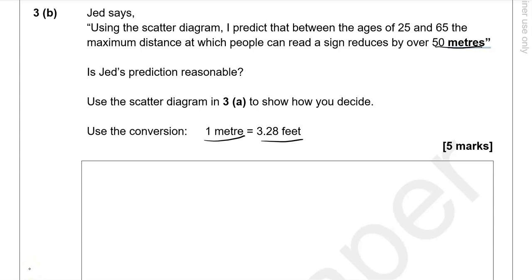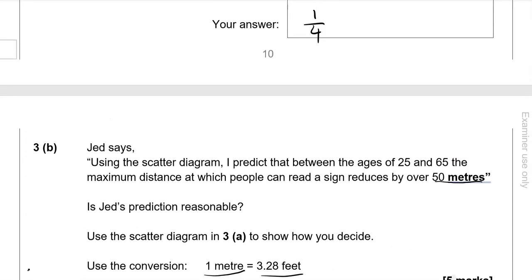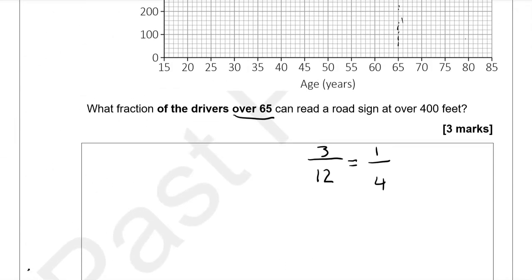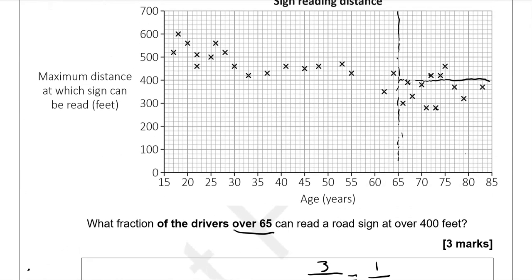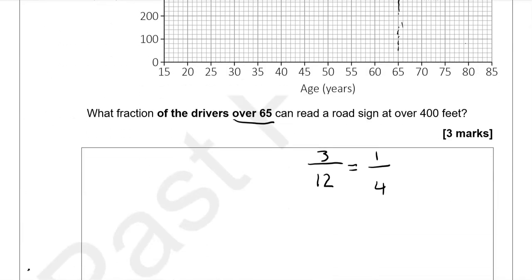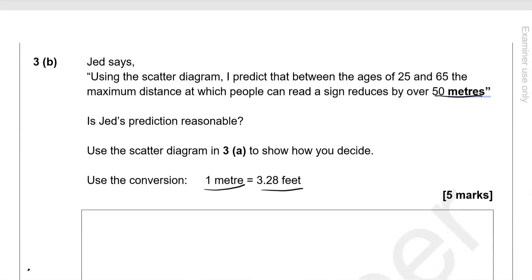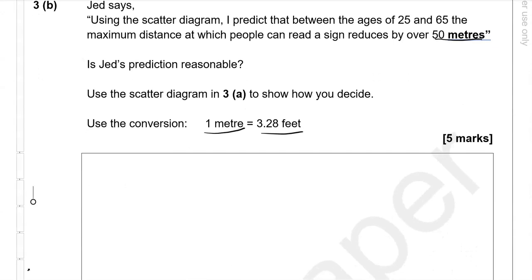There are different ways we could tackle this, but first of all, since there is a claim that the distance that people can read a sign at reduces by 50 meters, and in the scatter diagram we're working with feet, I'm going to convert 50 meters into feet first. So 1 meter is equal to 3.28 feet.